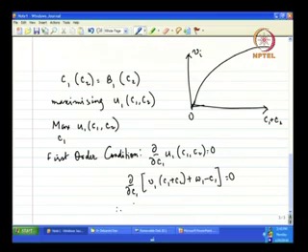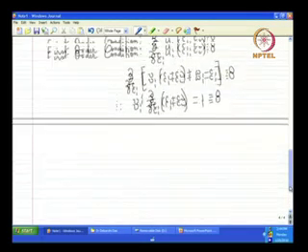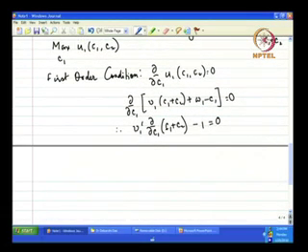So this is nothing but V1 dashed, applying the chain rule here. And what is V1 dashed? V1 dashed is the derivative of V1 with respect to C1 plus C2.